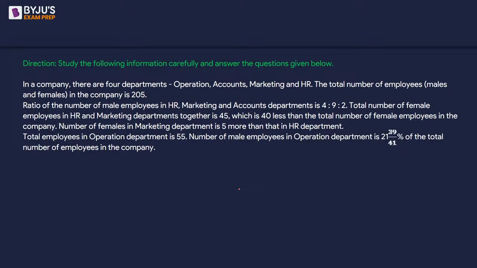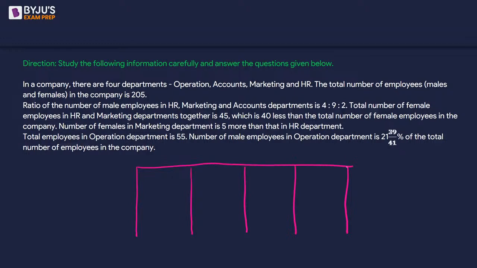So it looks like we will have to segregate between male and female and between the 4 departments. So what I'm going to do is write down the departments' names. Okay, so let's start with the table first. So this is 1 department, 2nd department, 3rd department, and 4th department.